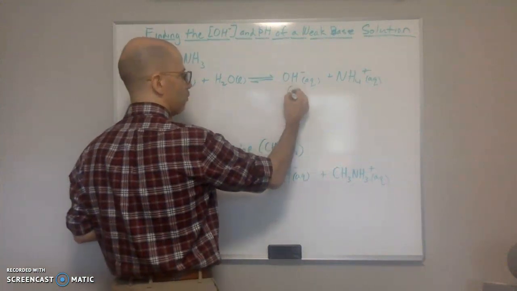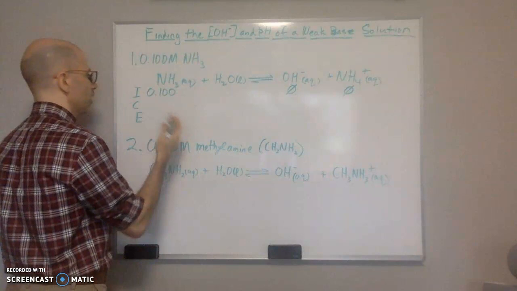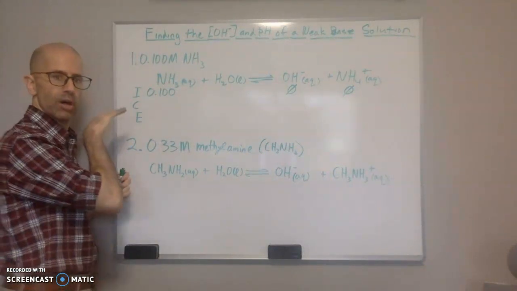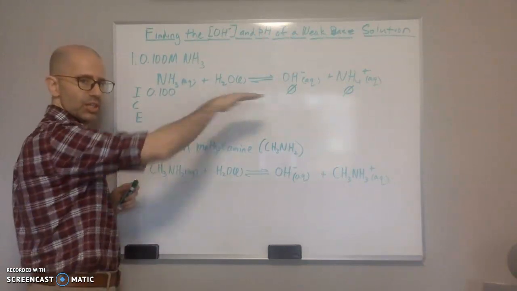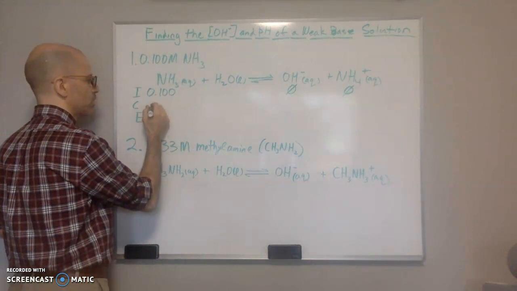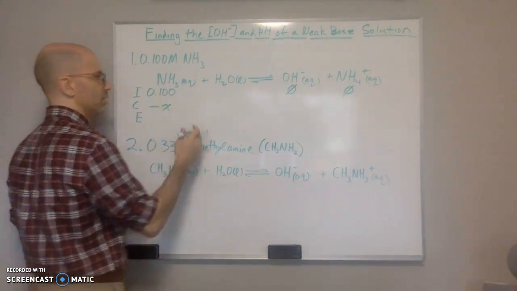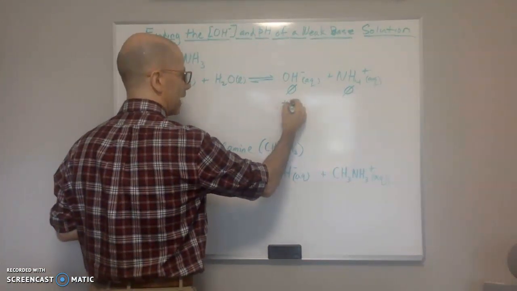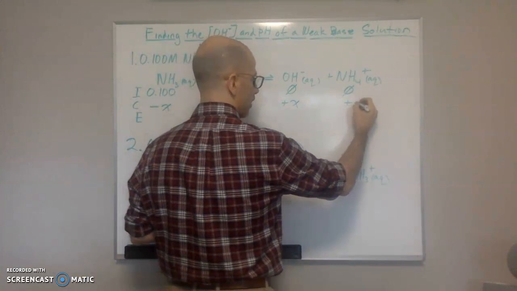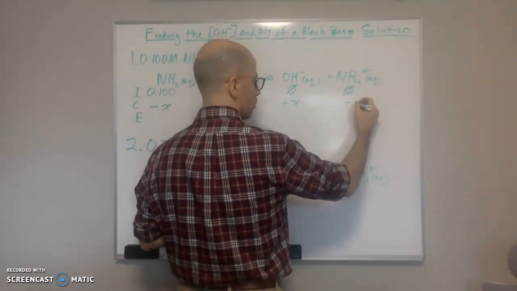So we start out with practically 0 of each of these. The change, again, according to Le Chatelier's principle, the reaction is going to shift in this direction because we don't have any product. That means we're going to lose a certain amount of our base, and we're going to gain the same amount of our hydroxide and our conjugate acid, the ammonium.